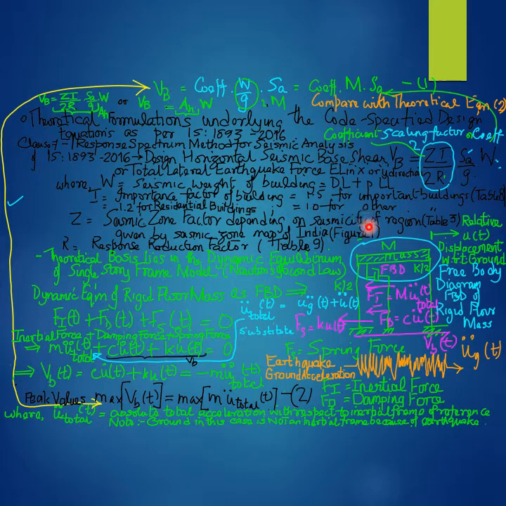Note that the free body diagram of the floor mass M circumscribed by this green ellipse right here can provide the basis for the mathematical derivation of the dynamic equilibrium equation of the single story frame model.